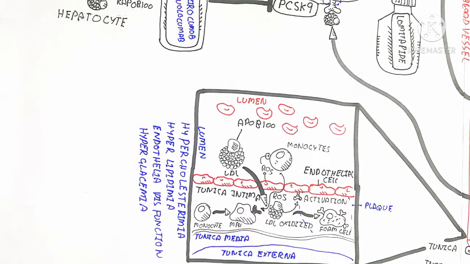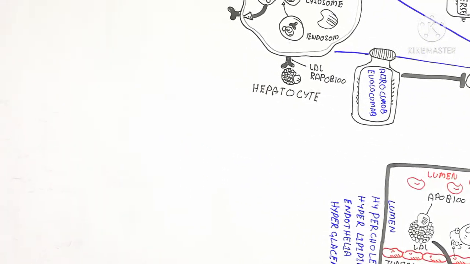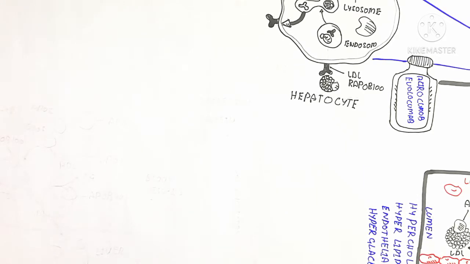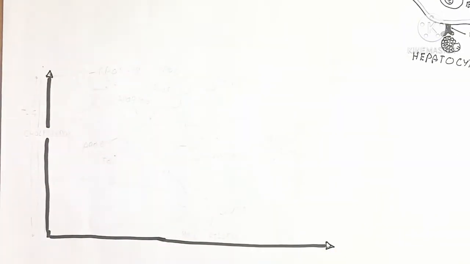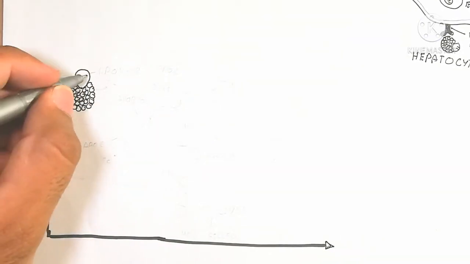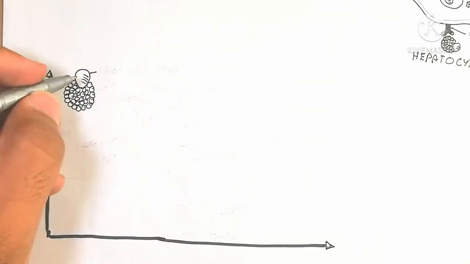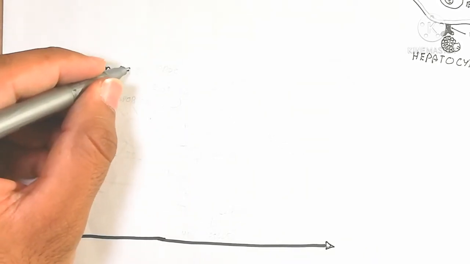A high level of sugar can cause endothelial dysfunction because the endothelium does not contain an insulin receptor, which would receive the sugar. So that's why too much sugar can affect it and produce reactive oxygen species and more ATP.